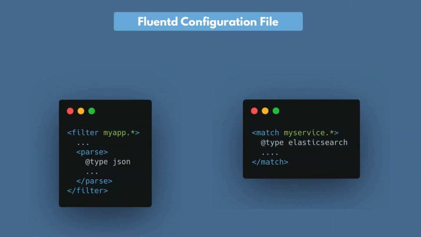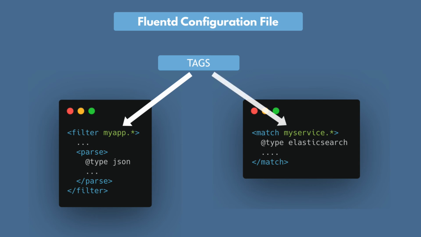And as you see here in the example configuration file, Fluentd has a concept of tags, which you can use to group together logs or to filter logs. So using these tags, you can say, I want all logs with tag myapp to be parsed like that. Or I want logs with the tag myservice to go to Elasticsearch, and so on.